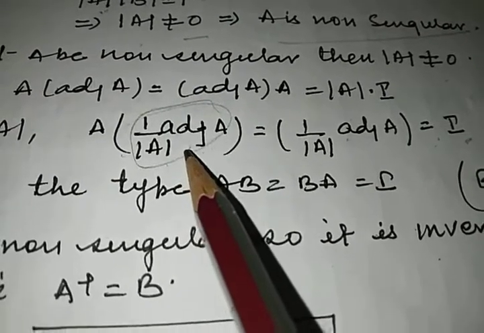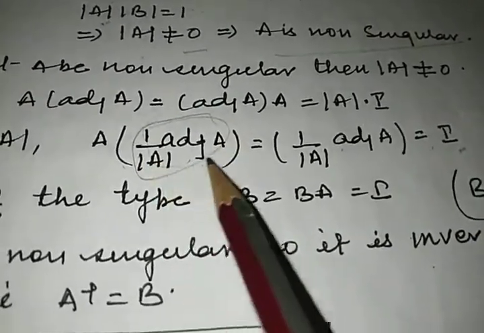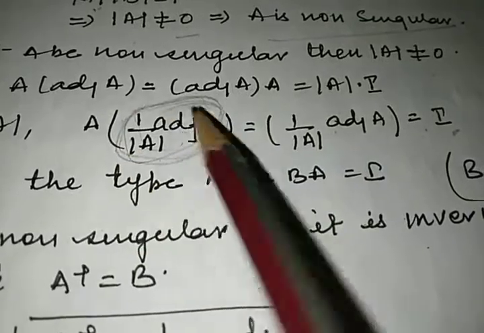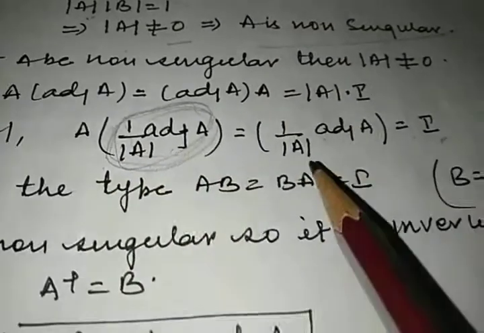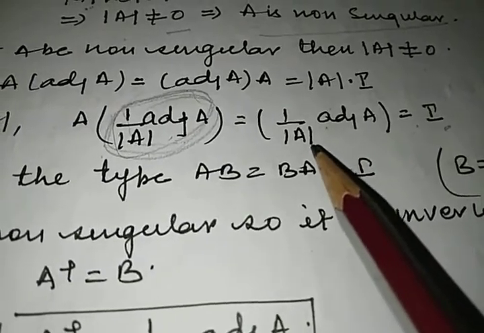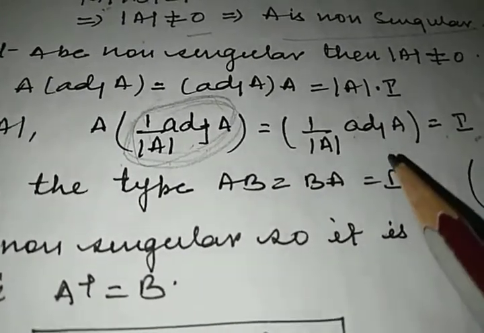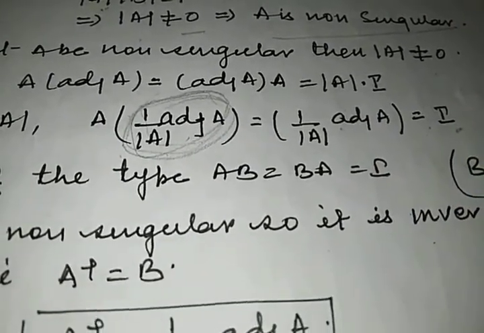Just think and tell me. I am saying this is a matrix, how? So this is A, B, and this is BA. Okay, AB equals BA equals I type matrix is here.